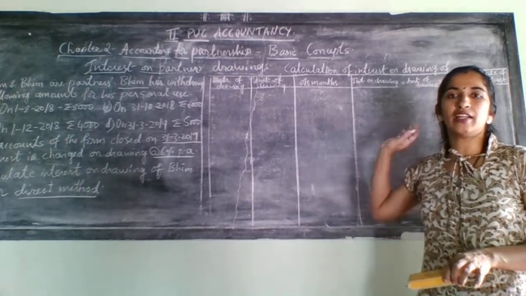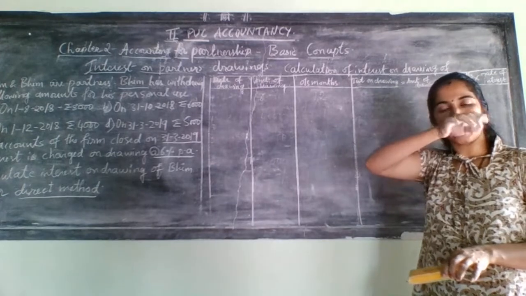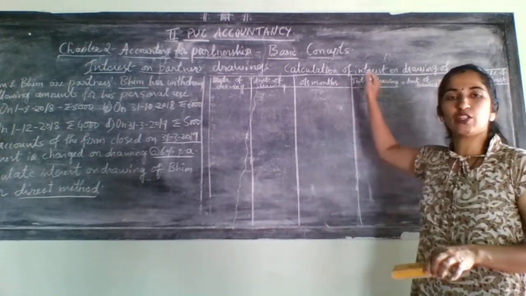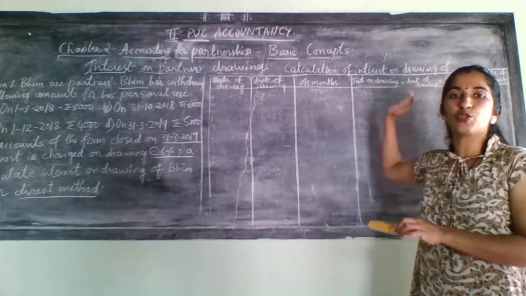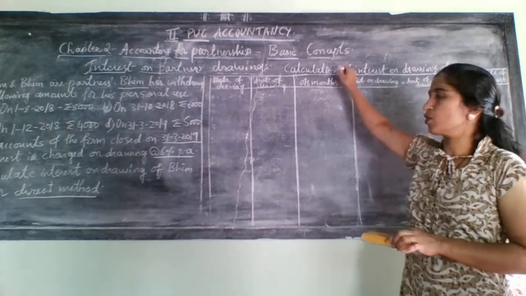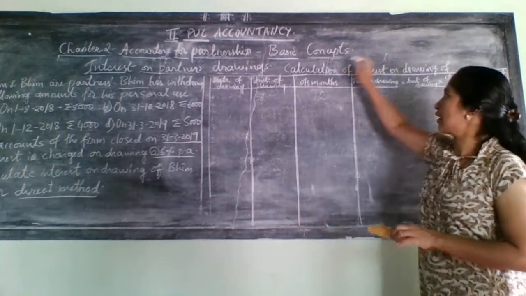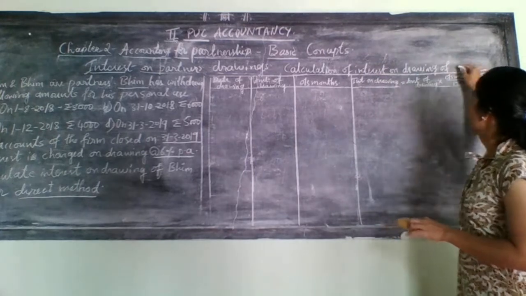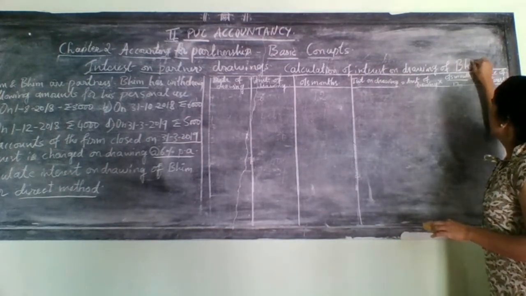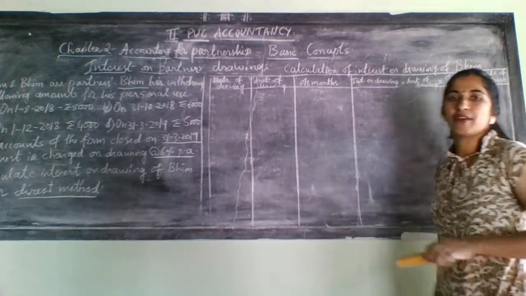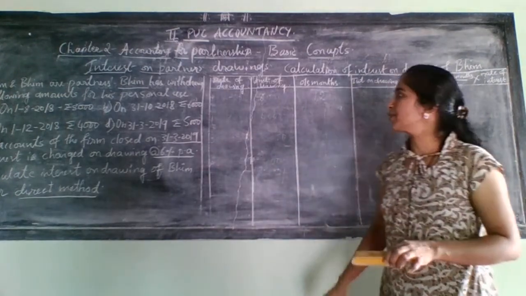We need to write the heading. Without writing the heading, don't start the problem at all, because we need to see whose drawing it is. Okay. So the heading is what? Calculation of interest on drawing of Beam.